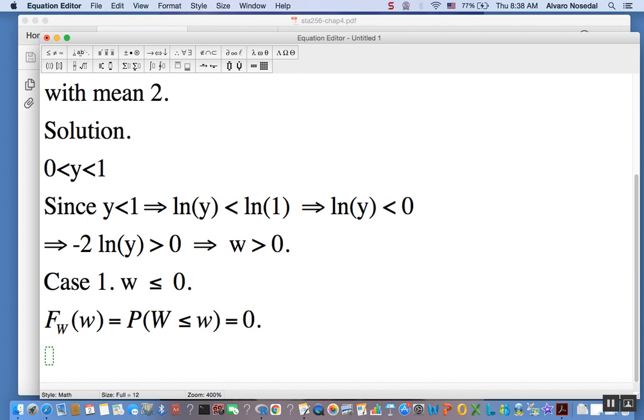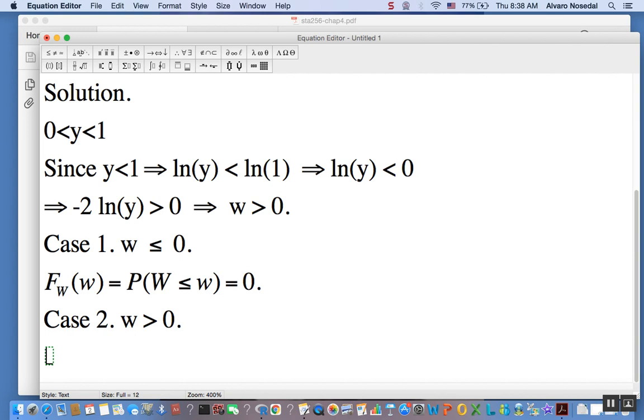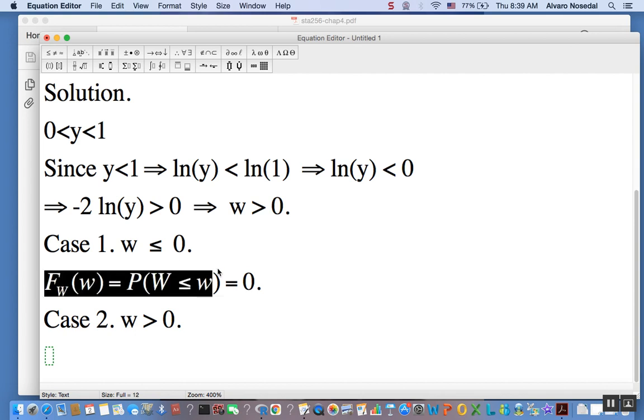Now, the interesting case is when we have W, a particular value for the transformation, that is greater than 0. Here we go. Let me copy paste this. This is going to be the same.